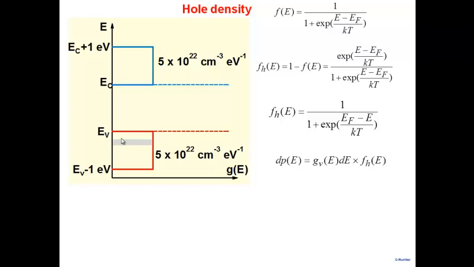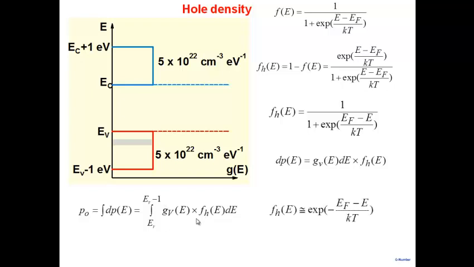So that's the total number of holes that would exist at this particular value of energy in this energy increment dE here. Now all I have to do is integrate it over the entire energy band, from EV down to EV minus 1. We are starting from this band edge down to this band edge here, so we have to integrate this.